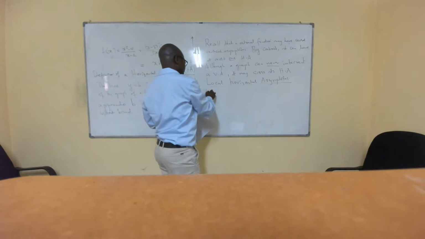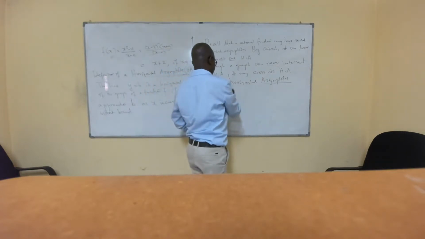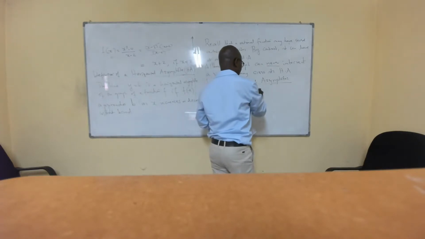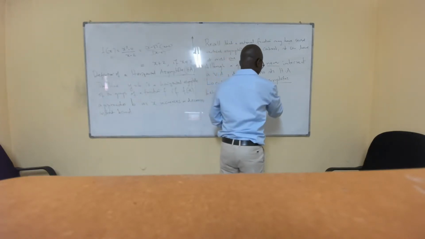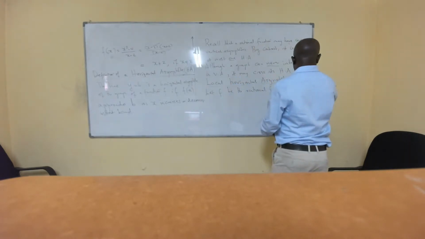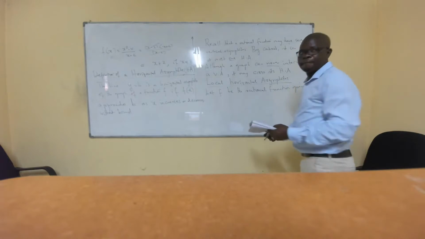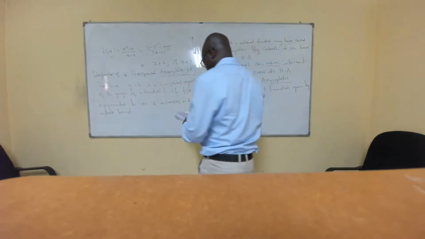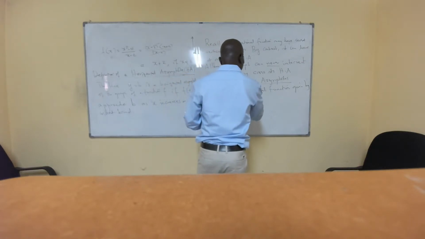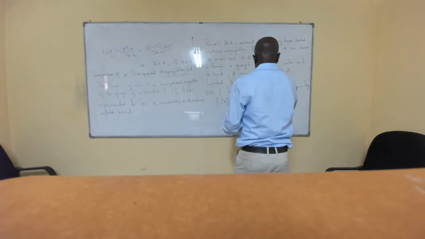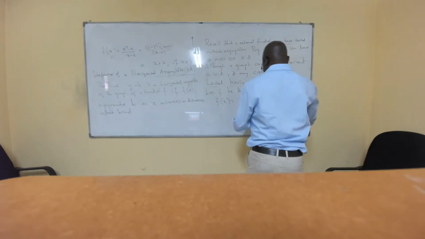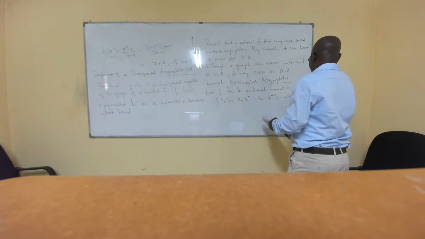Let f be a rational function given by f of x equals a_n x to the power n plus a_(n-1) x to the power n minus 1 plus ... plus a_1 x plus a_0.